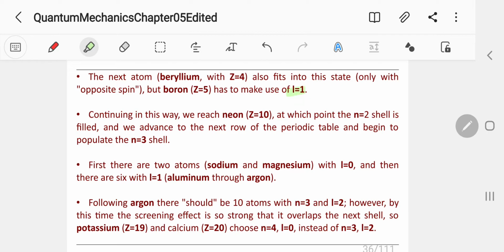Continuing in this manner, we reach neon, Z equals 10, at which point the n equals 2 shell is filled, and the rest of the electrons have to populate the n equals 3 shell.